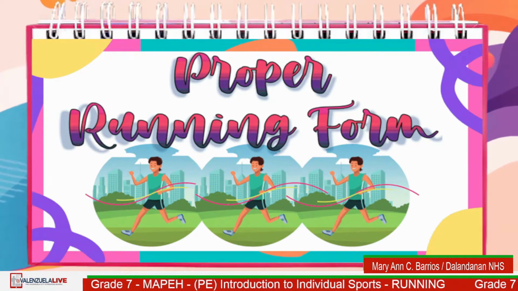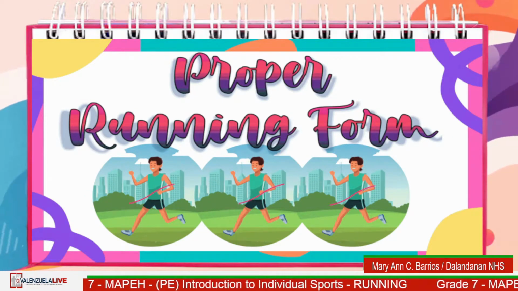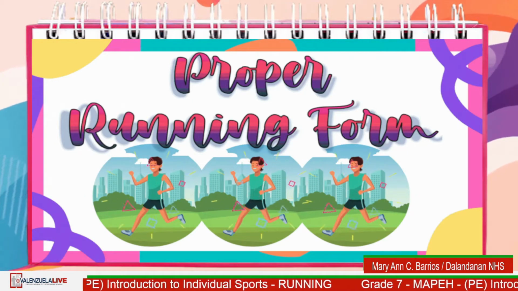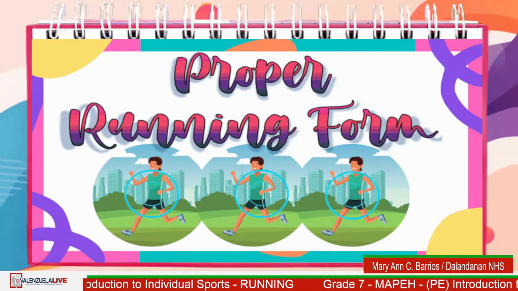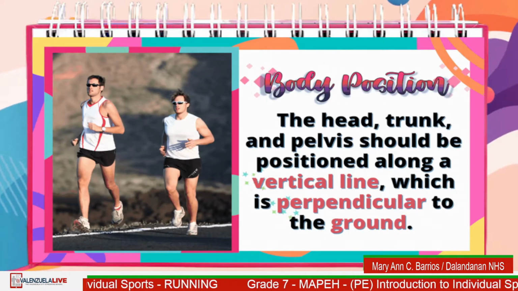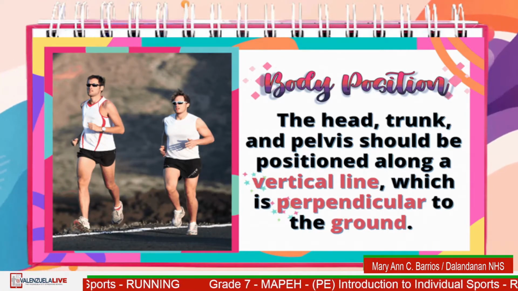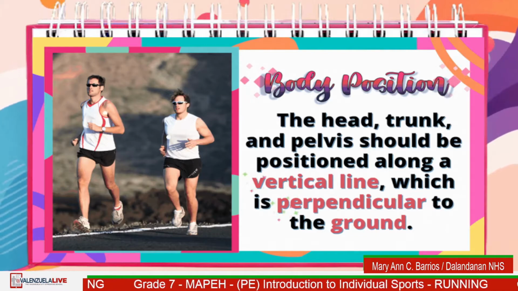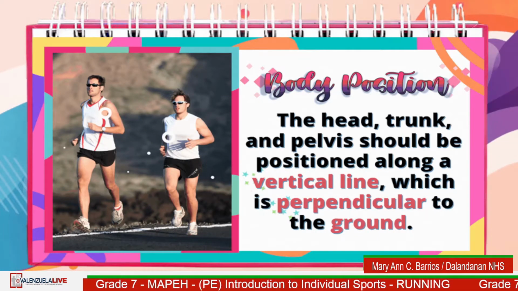Now, let us discuss the proper running form. There are specific forms of running techniques to follow that may differ slightly due to variation in body mechanics. Body position. The head, trunk, and pelvis should be positioned along a vertical line, which is perpendicular to the ground.